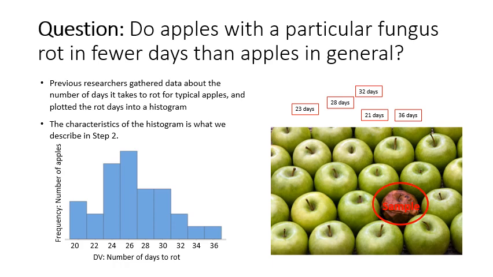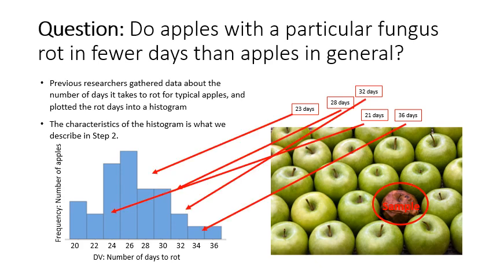So in this case, you can see frequency on the y-axis, the number of apples in each category, and the dependent variable, the number of days it takes to rot. And so this is the histogram, and for every apple in the entire population, we assume we know the number of days it takes to rot, and it's all plotted into a histogram.